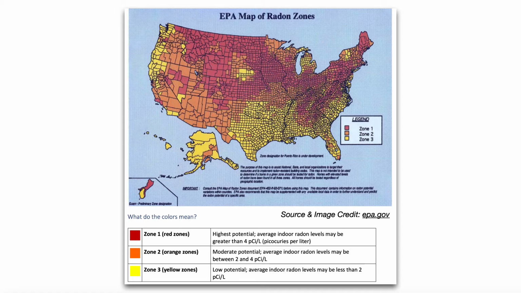So you can see the red zones, considered zone 1, are the highest potential for radon gas, levels greater than 4 picocuries per liter. You get down the orange zones, that's slightly less radon gas. And then, of course, the yellow zones are sort of the lowest potential for radon gas.